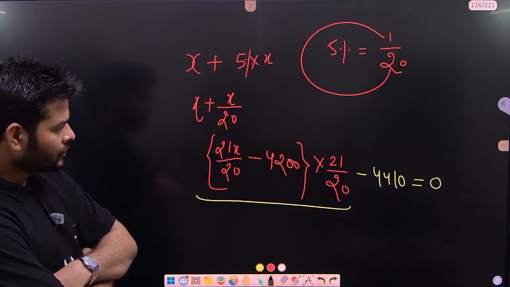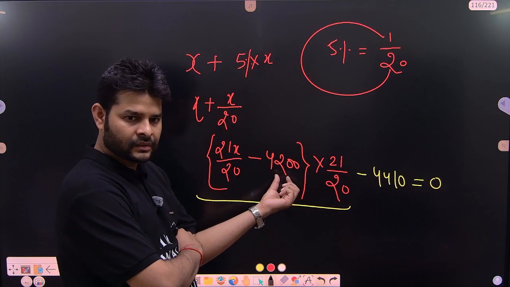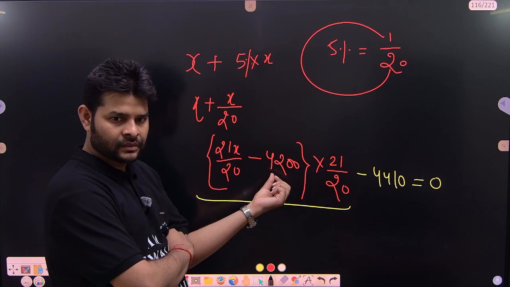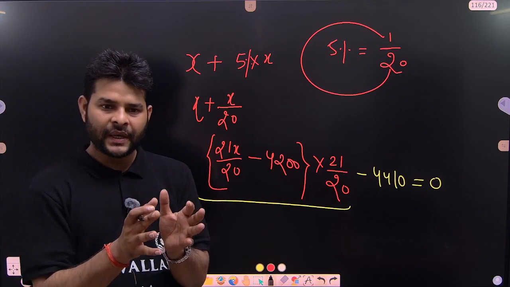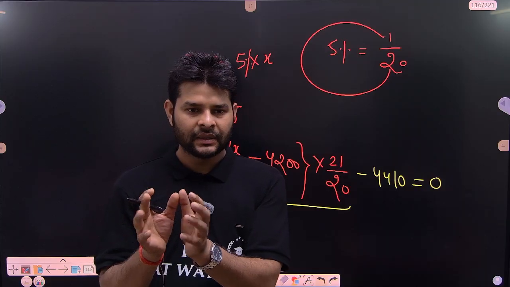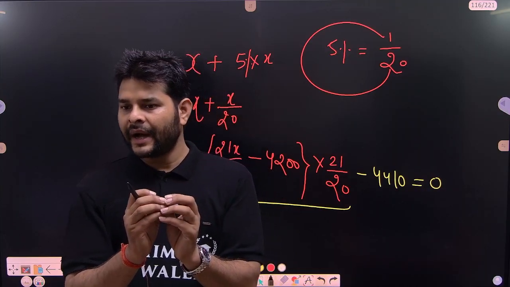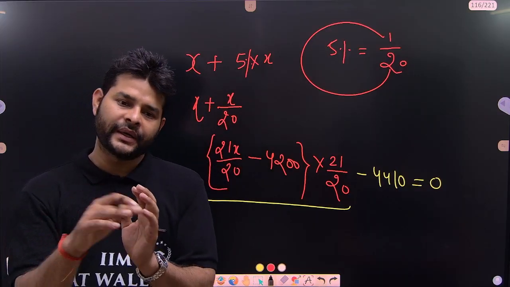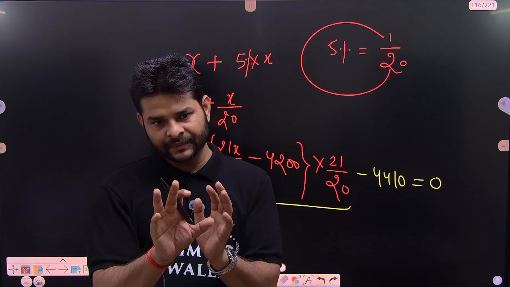4,200 is the first installment. Principal, then interest on that principal, gives the amount. Whatever the amount is, I am paying only 4,200. So the rest of the amount must be there.